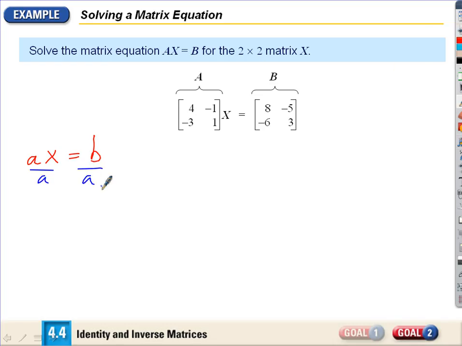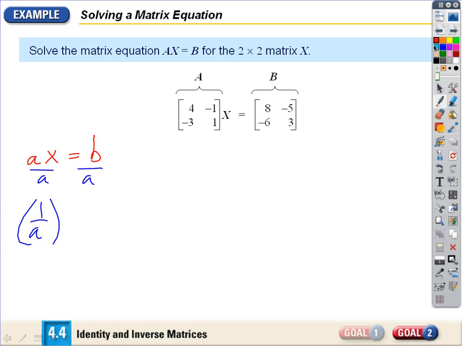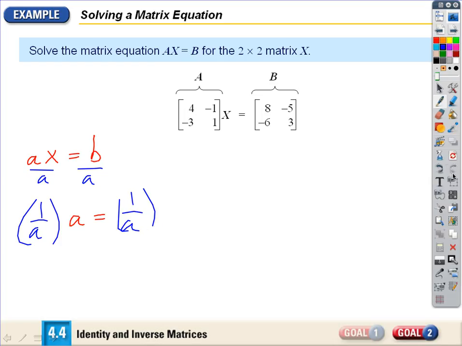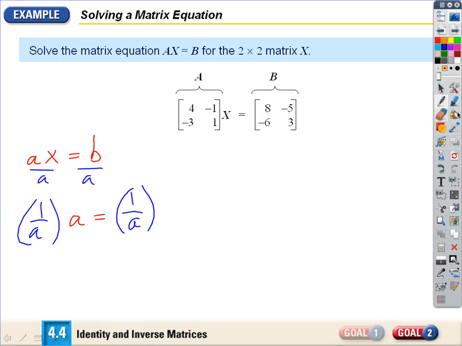Doesn't that make sense? Okay, so I could rewrite this if I wanted to as 1 over A times A times X equals 1 over A times B, right? And 1 over A times A gives us back the identity.